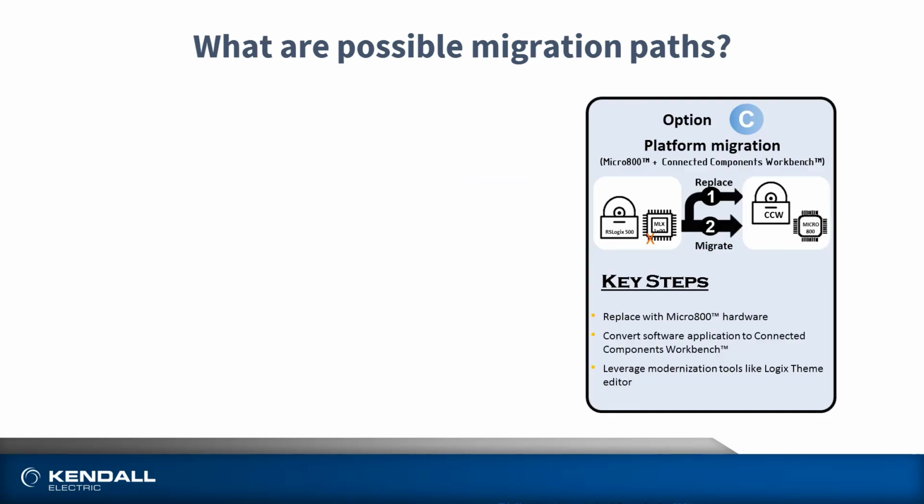The last migration path we will discuss is migrating your MicroLogix 1200 application to the new Micro 800 family of programmable controllers. Again, we are referencing a MicroLogix 1200 today, but any of the MicroLogix family processors can be migrated to a Micro 800 controller. Similar to options A and B, we will need to select a different controller, and we will need to migrate our RSLogix 500 control program forward.